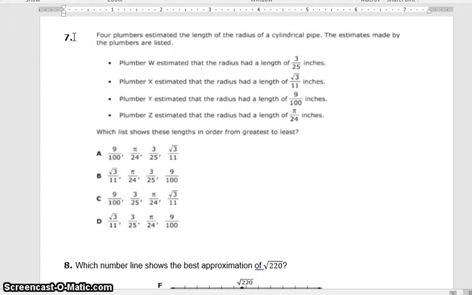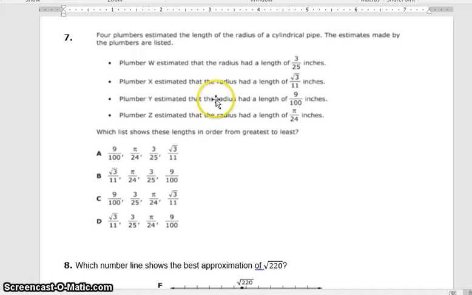Number 7. 4 plumbers estimated the length of the radius of a cylinder pipe. The estimates made by the plumbers are listed. Plumber W estimated the radius had a length of 3/25 inches. Plumber X estimated that the radius had a length of the square root of 3/11 inches.